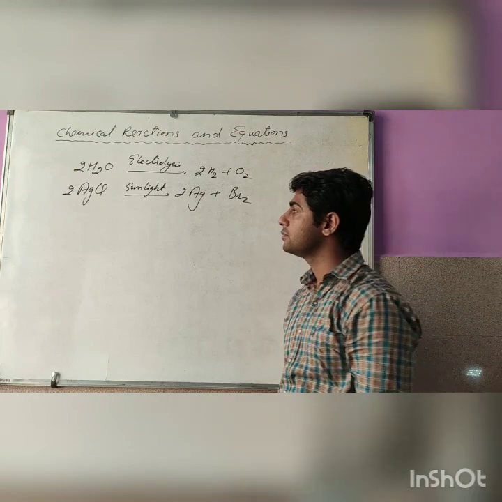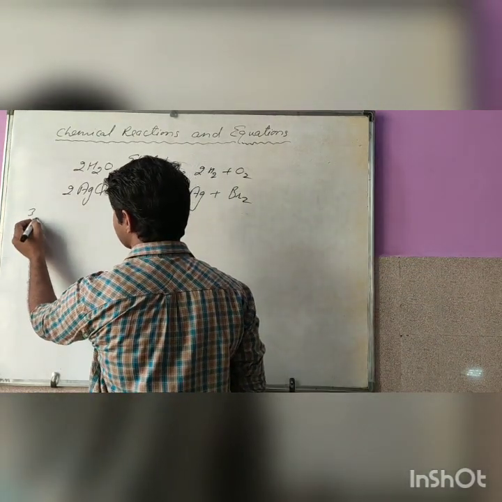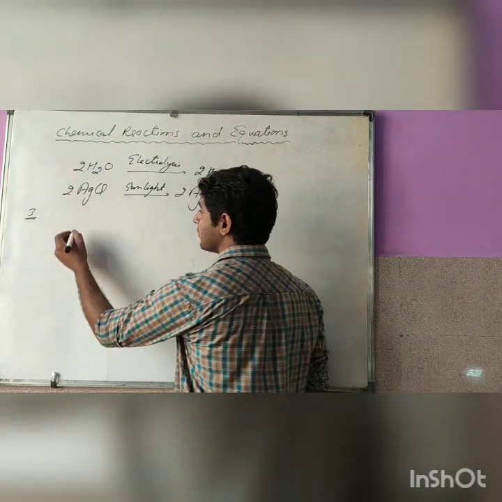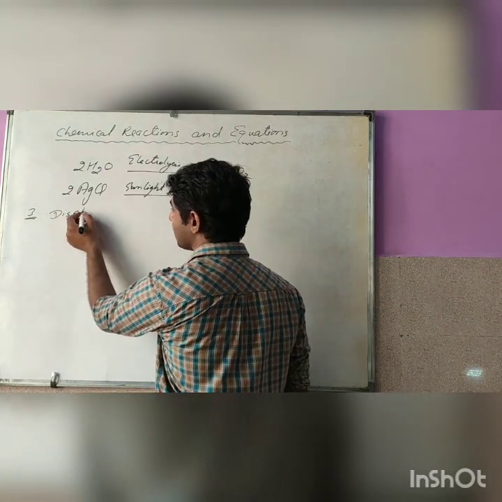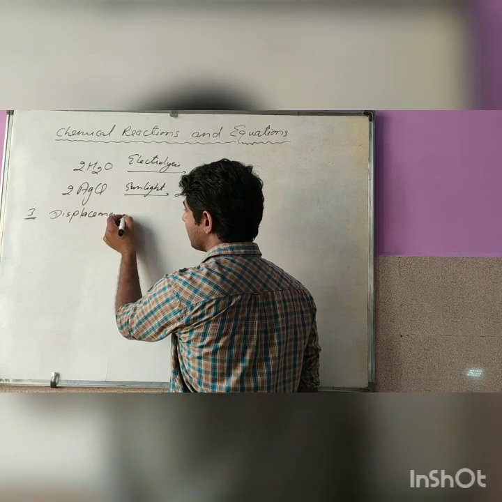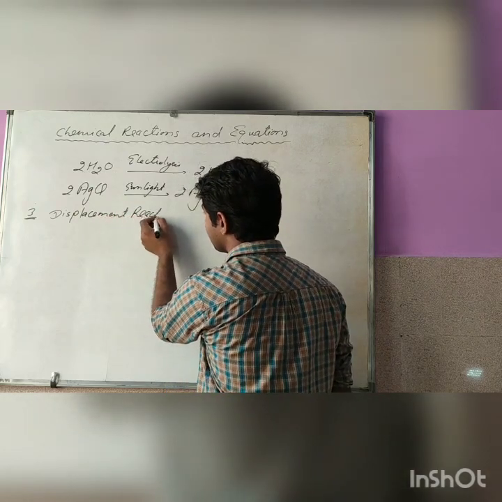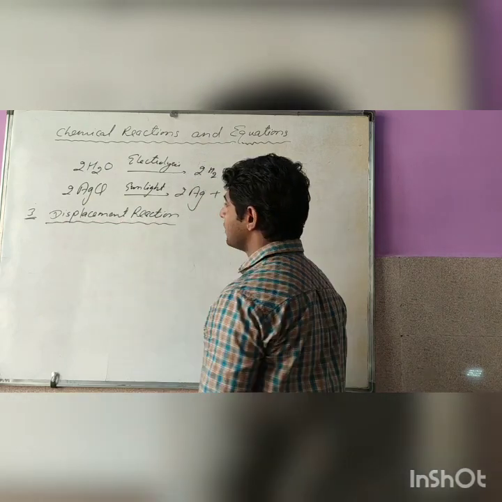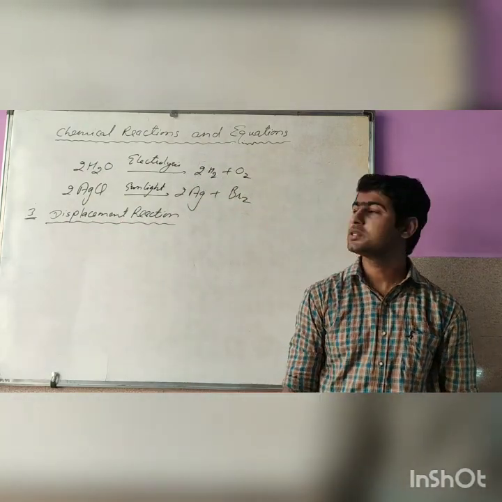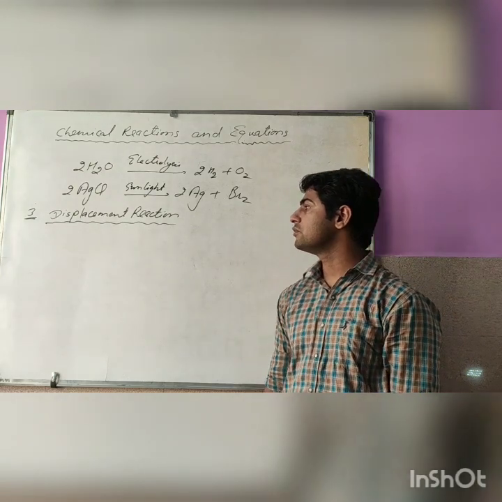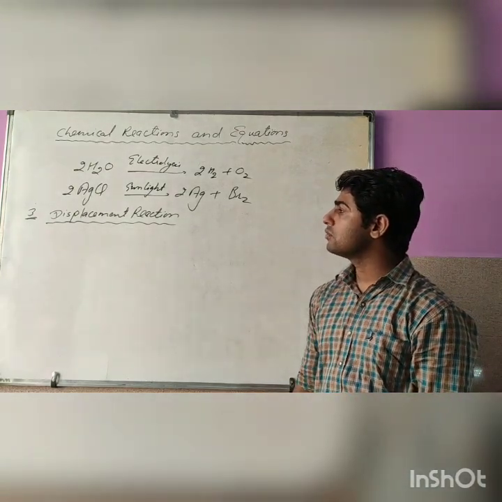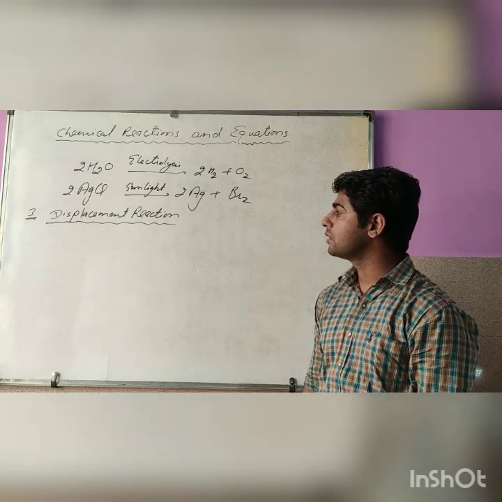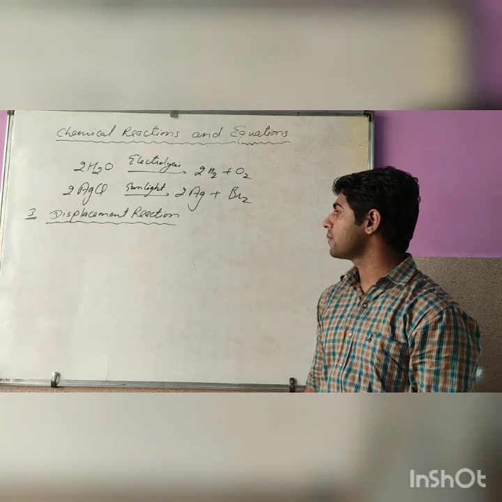A third one is displacement reaction. So how do we define displacement reaction? Displacement reaction is a reaction in which a more reactive element displaces a less reactive element to form a product.